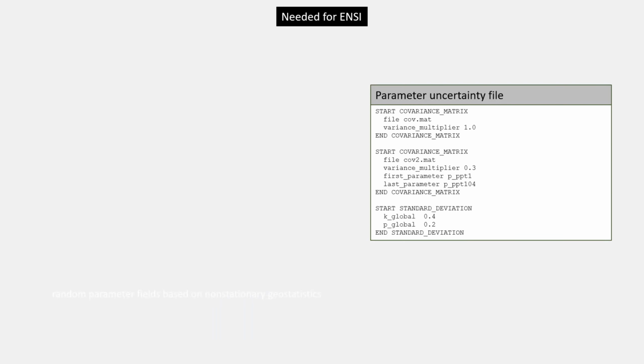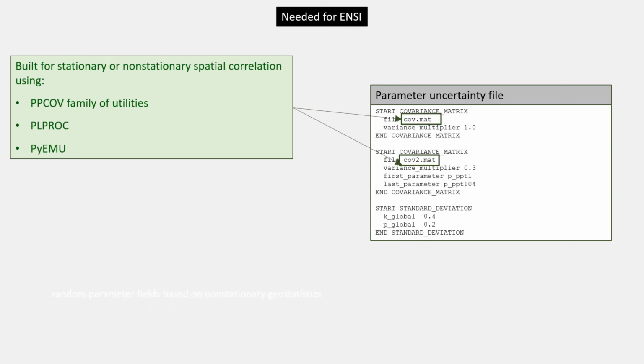Here's an example of a parameter uncertainty file. The protocol for this file is described in Part 2 of the PEST manual. This file will normally feature a number of covariance matrices which are based on spatial correlation existing between spatially defined parameters. This covariance matrix can be built in a number of ways. Through the PEST suite, the groundwater utilities provide the ppcov family of utilities.